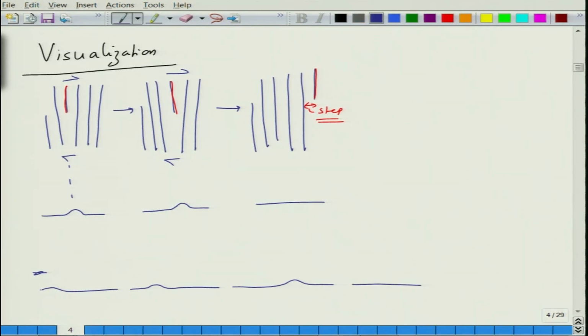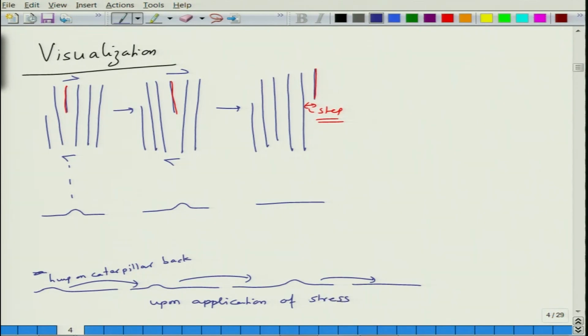So, this is the hump on the caterpillar's back. It goes from here to here, here to here, upon application of stress. This is another visualization that one does.